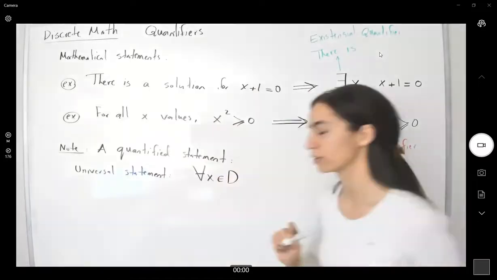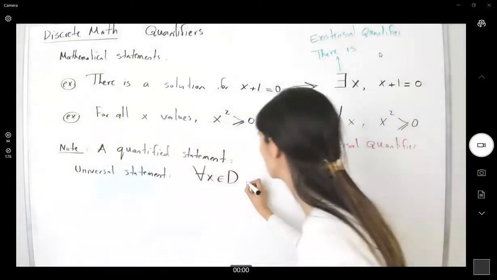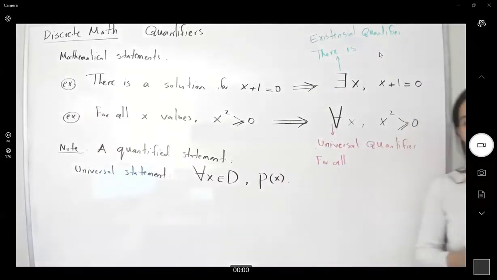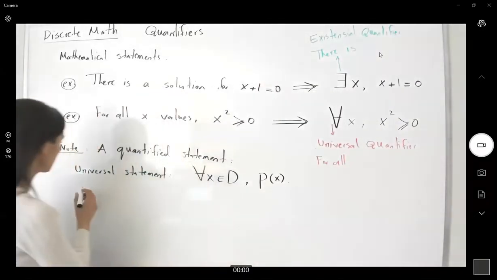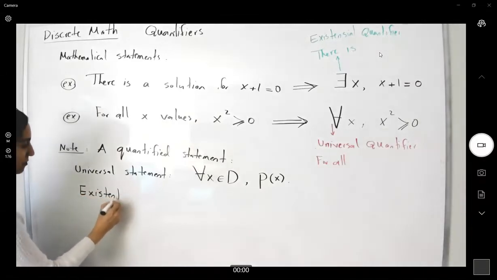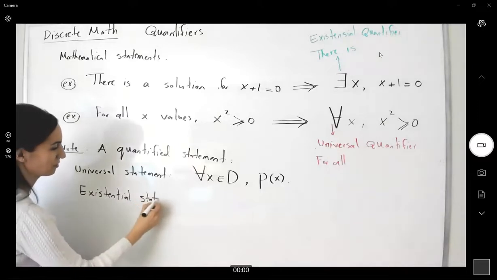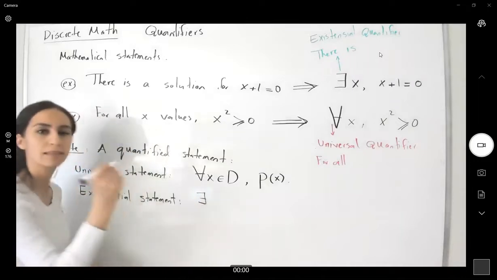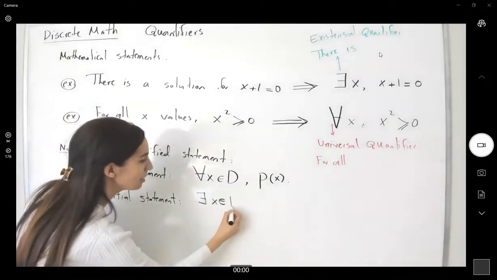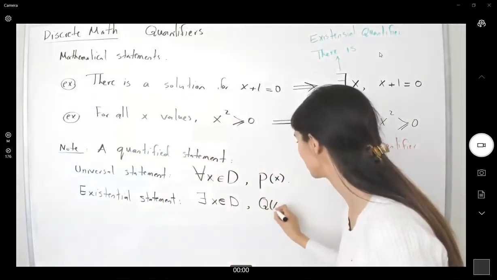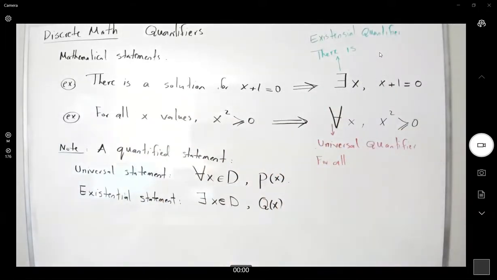So officially, we add a domain as well, such that a statement is related to x. Or an existential statement, which is written as there exists an x value in the domain such that a statement related to x holds. So these are called quantified statements.